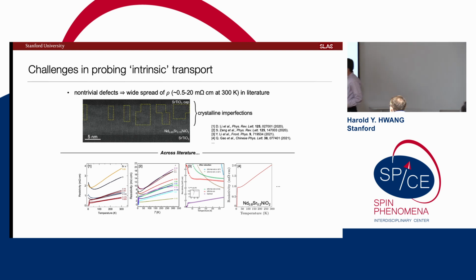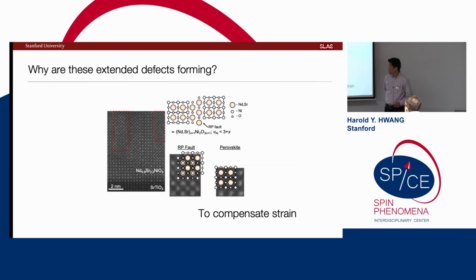So anyway, that was our premise, that the scattering induced by these few nanometer scale extended defects was the key issue. And so let me tell you why they form. I told you that we're trying to do this transformation where the lattice has to expand by about 3% through this deintercalation reaction.